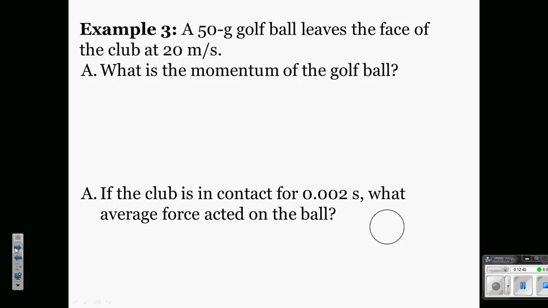Example 3, I have a 50-gram golf ball that leaves the face of the club at 20 meters per second. I want to know what the momentum is of the golf ball. Well, the momentum, remember, is p equals m times v, but m has to be in kilograms. They gave us 50 grams.